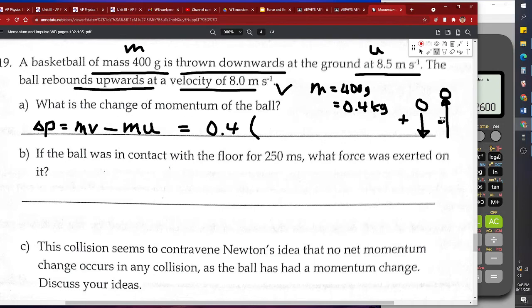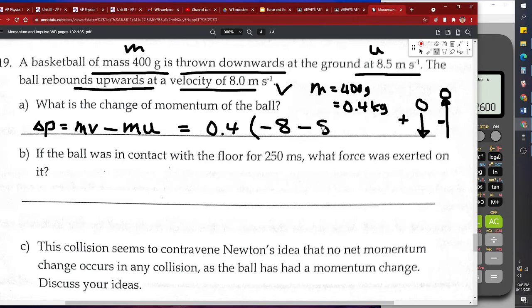So our final velocity is upwards. It depends on which way you decide is positive and which is negative. It doesn't matter, but in the end, you'll see it'll come out the same anyway. The final velocity was upwards, and we say that's negative in this situation, minus what was our velocity going down, 8.5 going down.